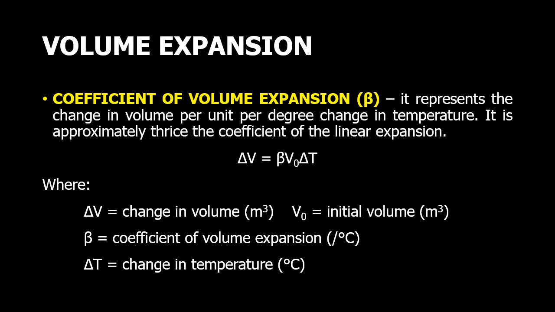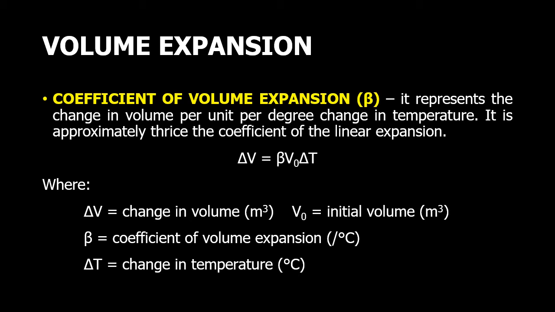Increasing temperatures usually cause increases in volume for both solids and liquids. So just as with linear and area expansion, experiments show that if the temperature change or delta T is less than 100 degrees Celsius or so, the increase in volume or delta V is approximately proportional to both the temperature change and the initial volume V sub 0, which is represented by our formula here.